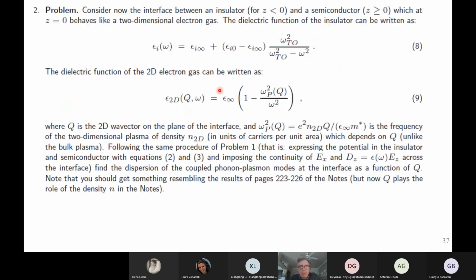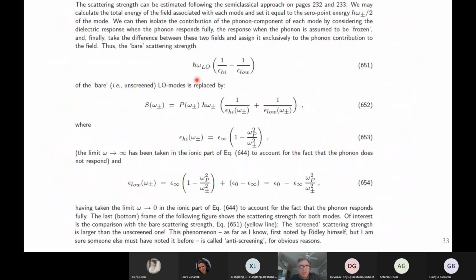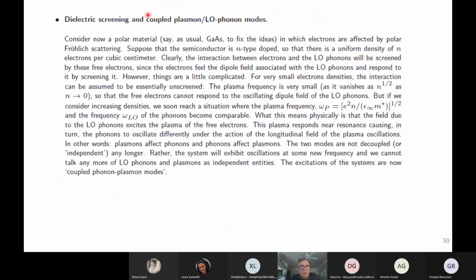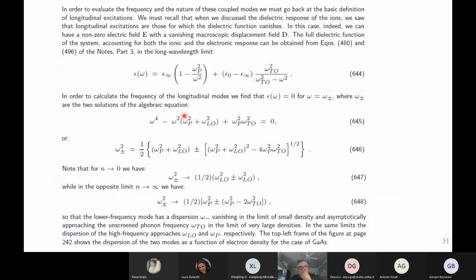So let me recap it a little bit. We started off by talking about what happens for the dynamic screening of the Fröhlich interaction of electrons in bulk. We saw that we had to solve a problem in which the total dielectric function of the system is 0. This gives us the frequency of the longitudinal modes.